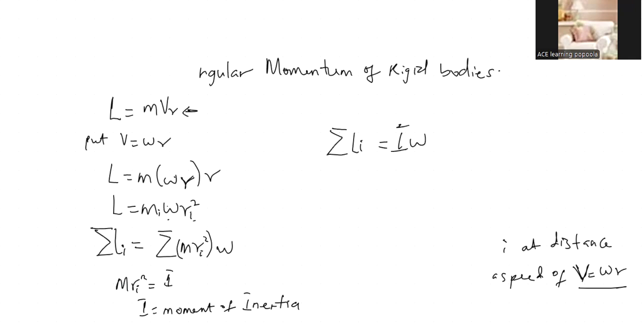So this is the formula for the total angular momentum of a rigid body.